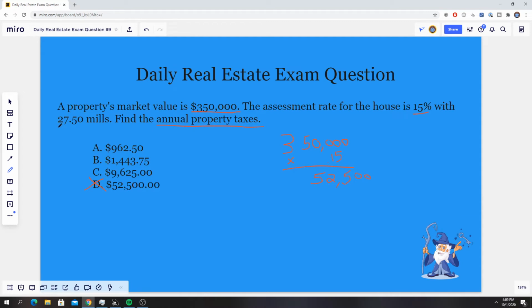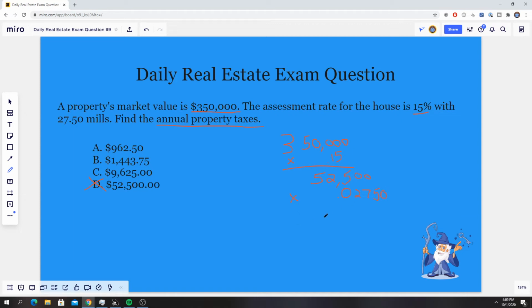Now, the mill rate conversion is similar to a percentage, and basically you're just going to be taking the decimal over a couple times. So we're going to take that 52,500, and as I mentioned, we are going to multiply that by the mill rate in its true form, which is going to be 0.02750.